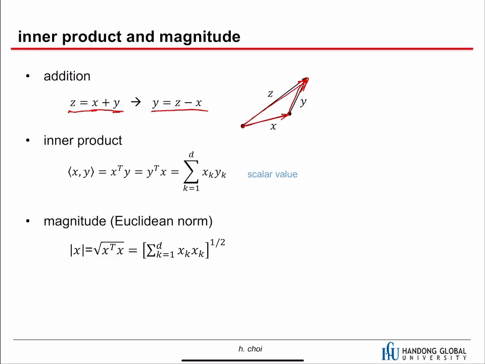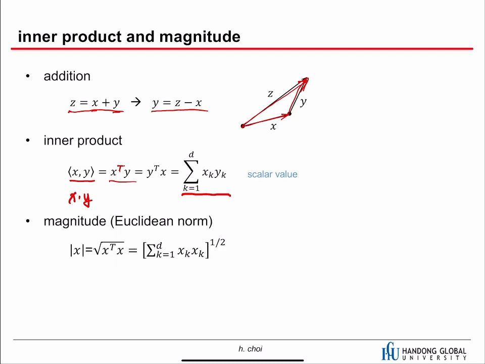And the next one is the inner product. There are a couple of different notations here. Sometimes like this, sometimes like this. This one is the transpose. The inner product can be calculated in this way.